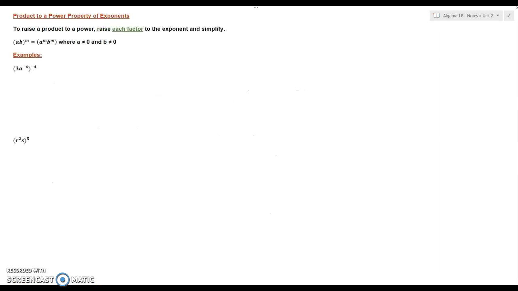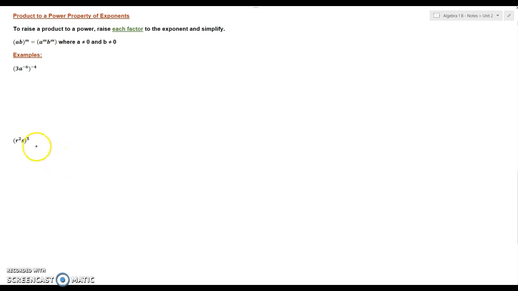Our next property is similar, but just a little different. This is the product to a power property of exponents. So let's remember that product means two numbers multiplied together. So this property says to raise a product to a power, or numbers multiplied together to a power, we have to raise each factor to the exponent and then simplify.